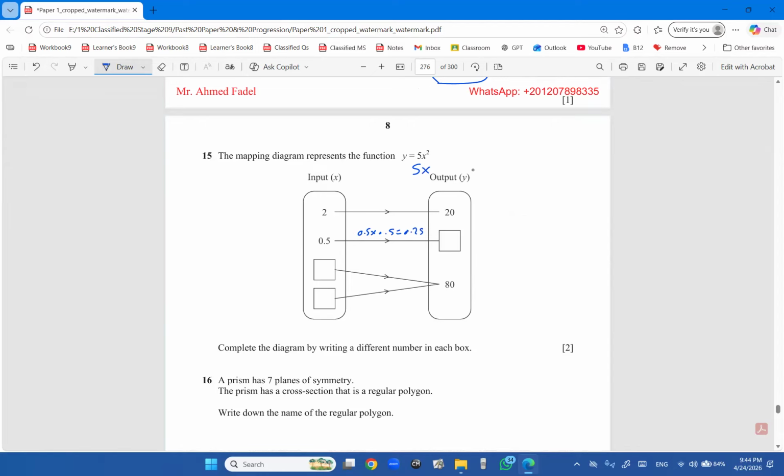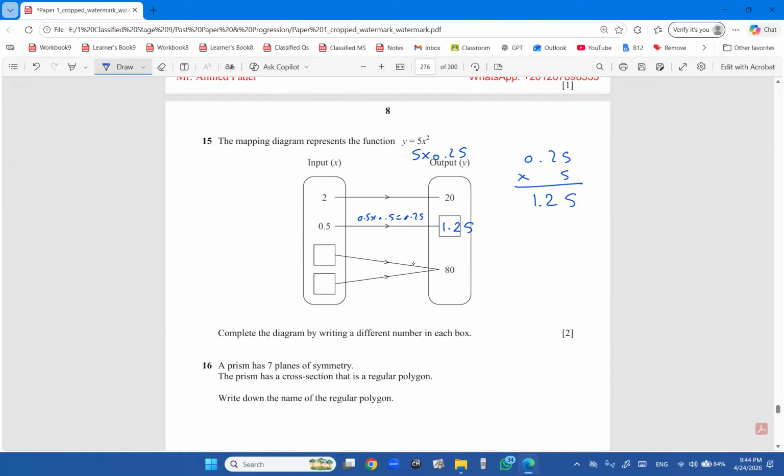Multiplying by 5 gives 125, but with two decimal places, so 1.25. Again, 5 multiplied by 0.5 squared gave me 1.25.